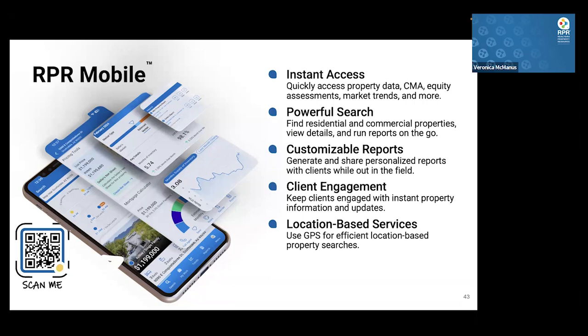You could certainly, while you're speaking with them and telling them that you have access, that you can give them a deep dive on that, just pull out your RPR Mobile and have that information instantly. So you'll be able to customize your reports, really keep engaged with folks when you're out and about. And it's also location based with GPS so that you can set it from a half mile out to 10 miles if you're looking for information in that particular area. And then you can certainly override that by just plugging in a property address.